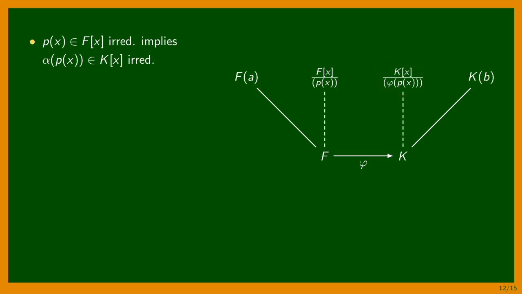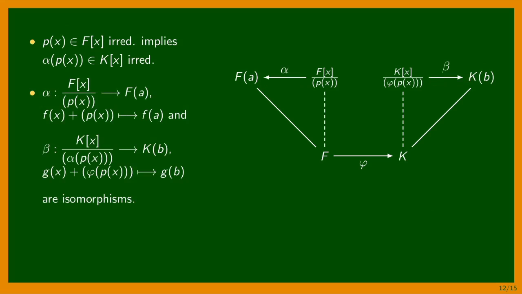Right? At alam natin na yung quotient ring na yan by the previous video lesson, ito ay isomorphic. Di ba? Itong dalawa, isomorphic. Ano yung isomorphism? Yung alpha, ito.